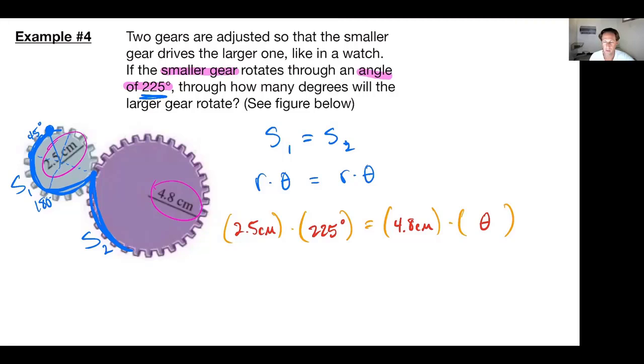Pretty simple. Hopefully you can see we now have one equation with one variable set up. Now don't forget, those angle measurements normally always have to be in radians. So what would we have to do for this particular one? Well, we know that those are obviously in degree measurements, but don't forget, they actually wanted us to figure out how many degrees that larger gear will rotate.